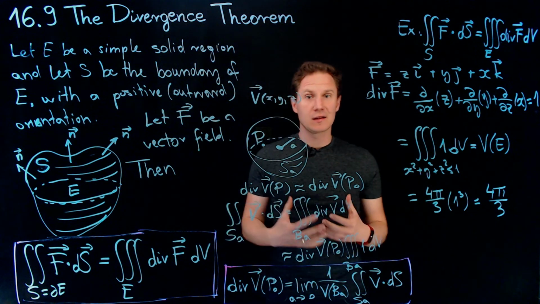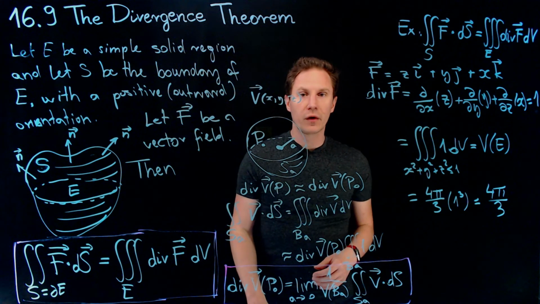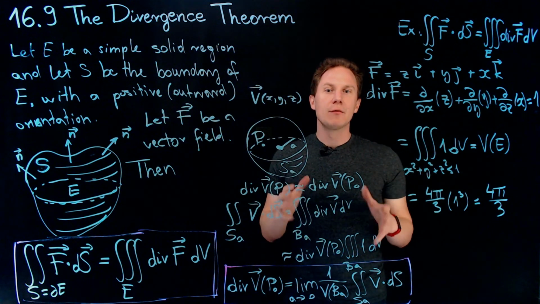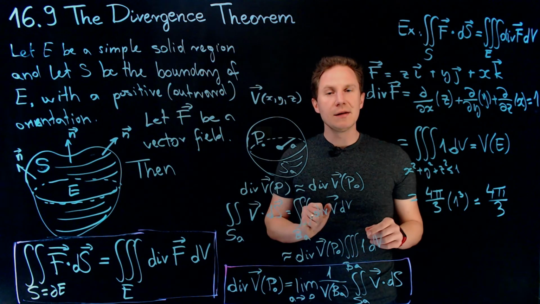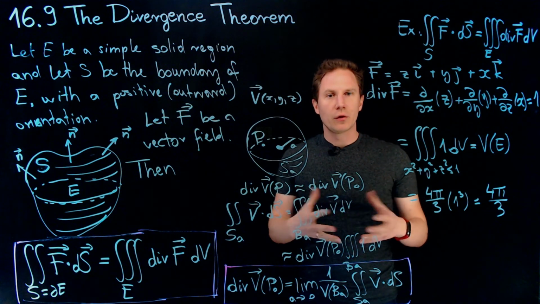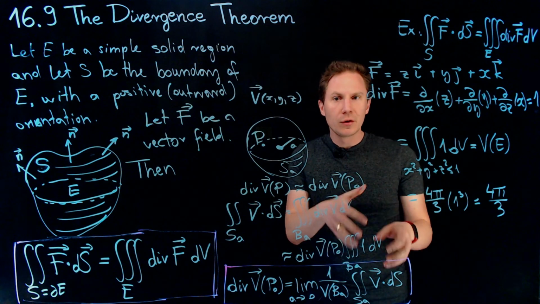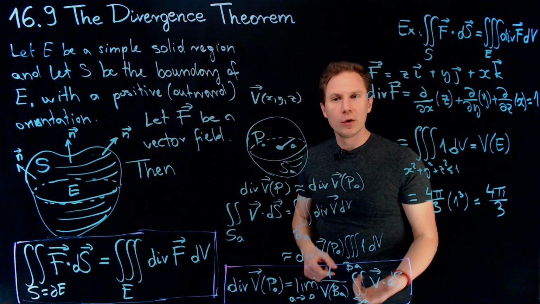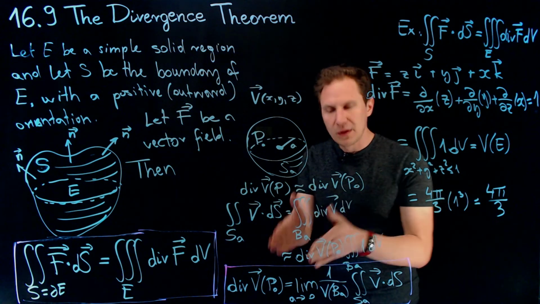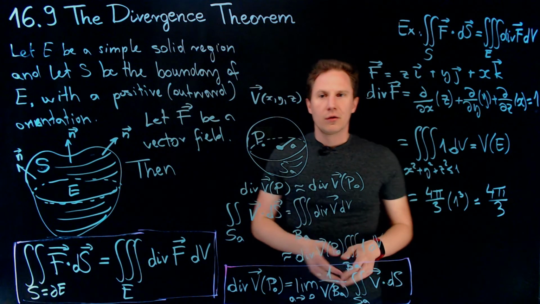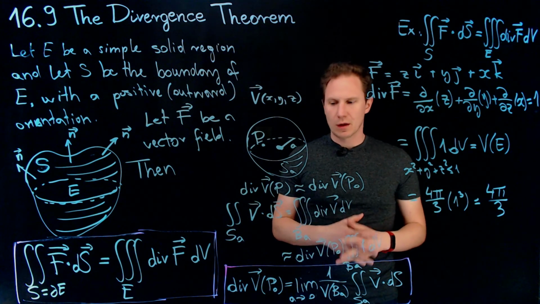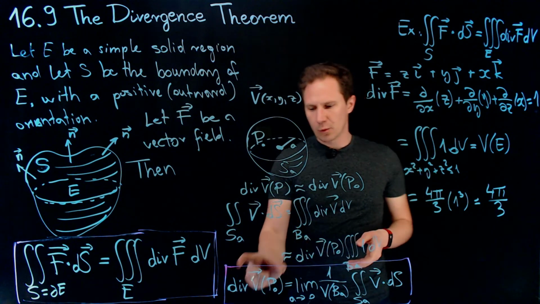Okay, so this gives us an intuitive understanding of divergence, because basically what this equation says is that the divergence of V at P0 is the net rate of outward flux per unit volume. It's because we divide by the volume. Okay, so this is why the name divergence is given to this quantity.